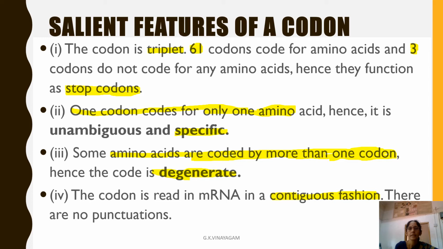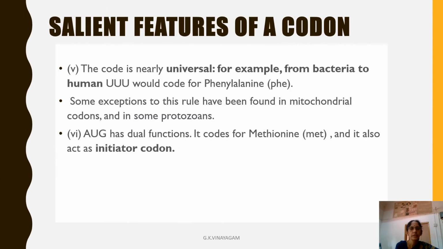They are called stop codons, for example UAA, UAG, UGA. Second, one codon codes for one amino acid, so it is unambiguous and specific. Some amino acids are coded by more than one codon, so it is said to be degenerate. And a codon is always written in a continuous fashion without any punctuation mark.